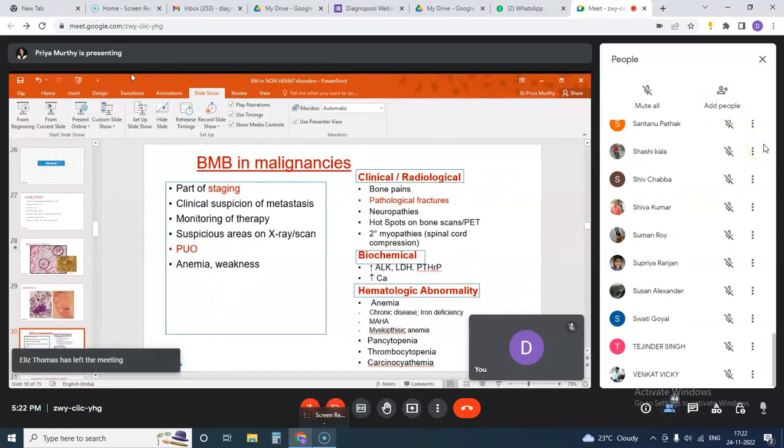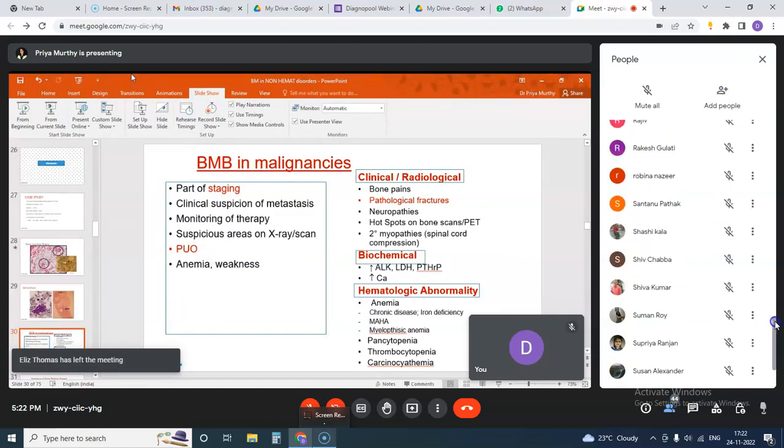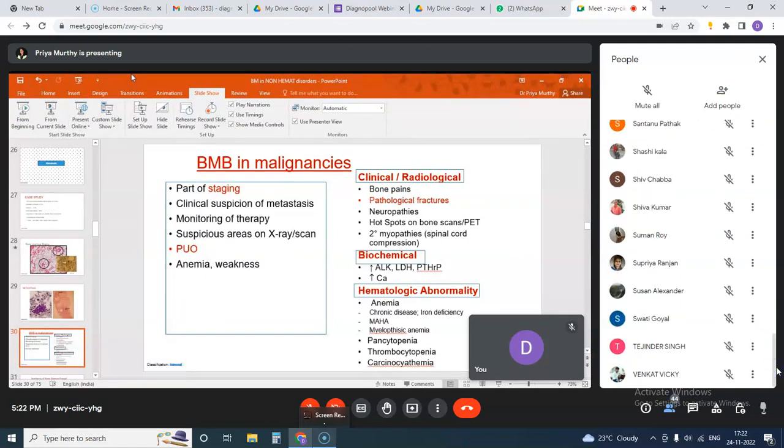Biochemical investigations like increased alkaline phosphatase and increased calcium levels also are seen in cases of bone marrow involvement by metastasis. Anemia could be due to anemia of chronic disease, iron deficiency, or microangiopathic hemolytic anemia seen in some cases of gastric carcinomas, myelophthisic anemias, and there could be pancytopenia, thrombocytopenia, and carcinocythemia. Carcinocythemia is when we come across circulating tumor cells within the marrow.